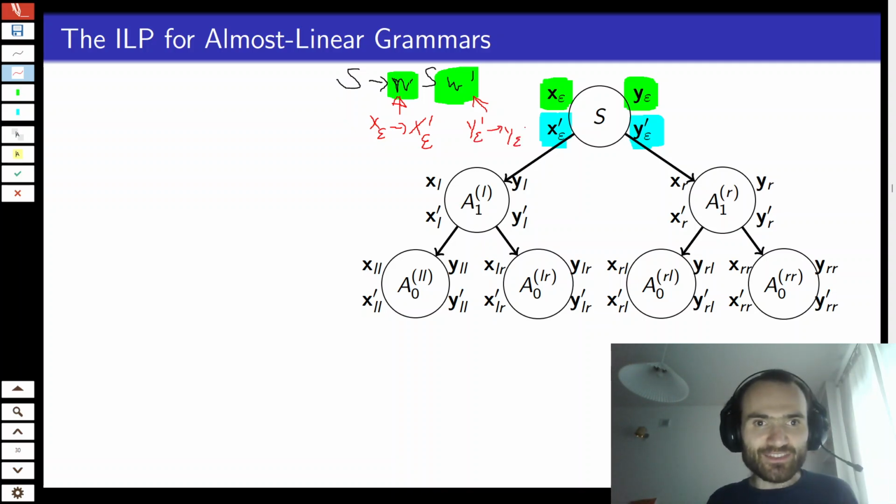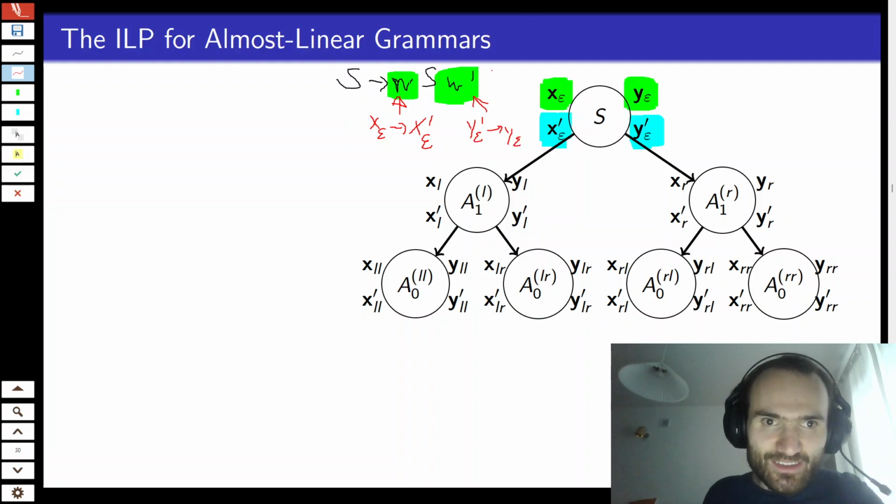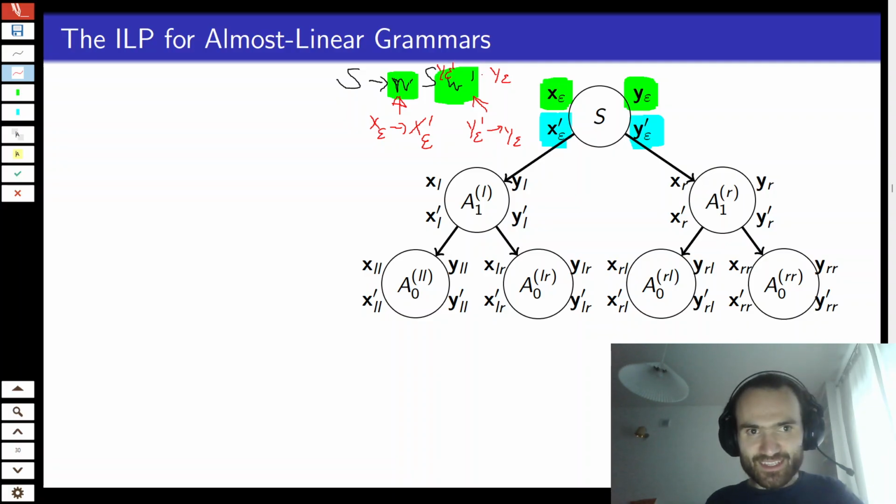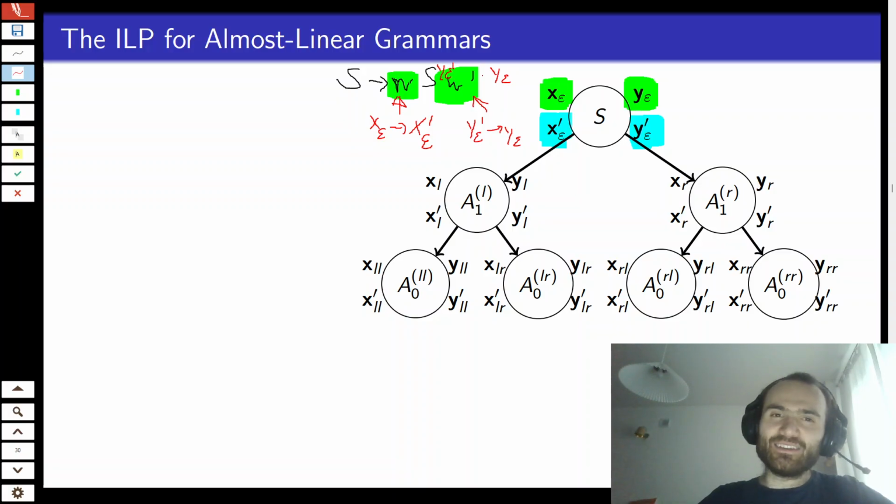Or I like to think of this backwards. Your target originally was y_epsilon, but now afterwards the target is y_epsilon'. So you think of it as building a context, and the context describes, for both sides, the input and the output of the corresponding word in VASS terms.